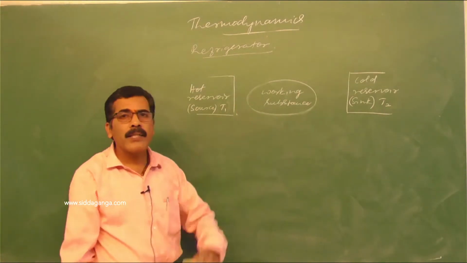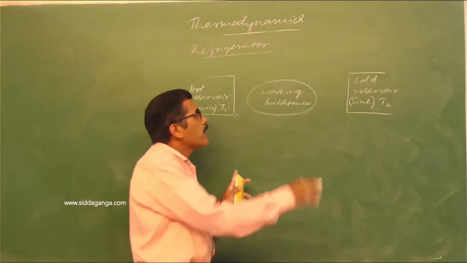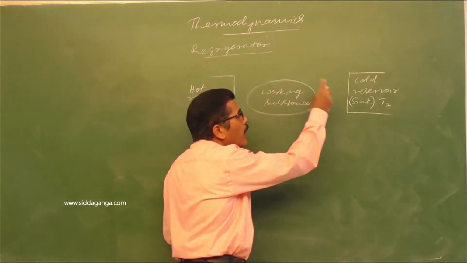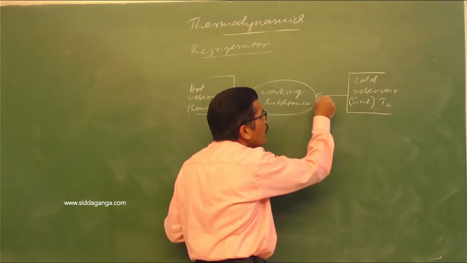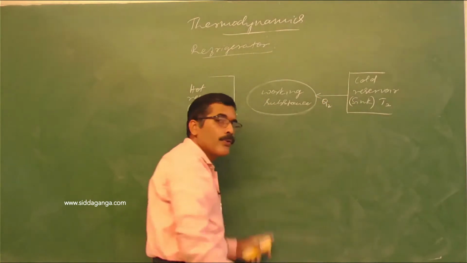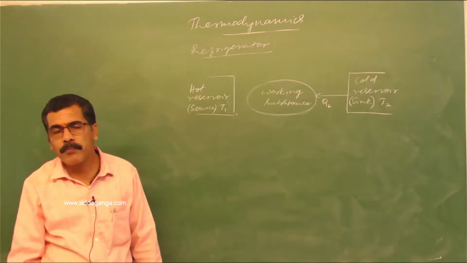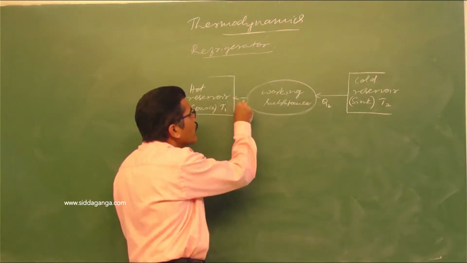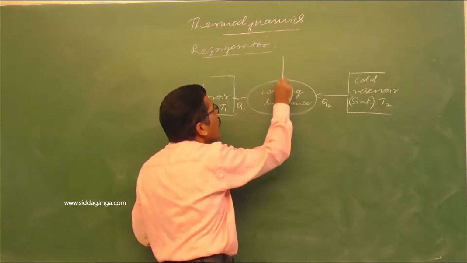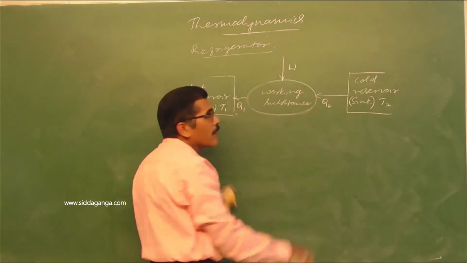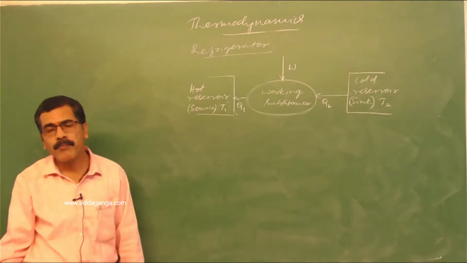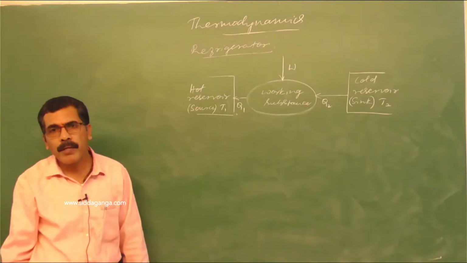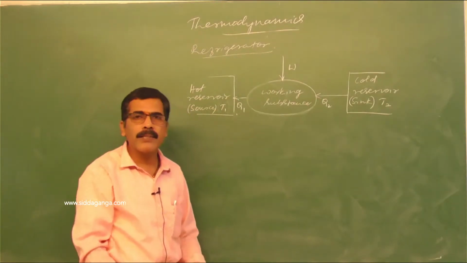In a refrigerator, the refrigerant liquid absorbs Q2 amount of heat from the sink, and it rejects Q1 amount of heat to the source when work is done onto the refrigerant liquid by some suitable mechanical device.